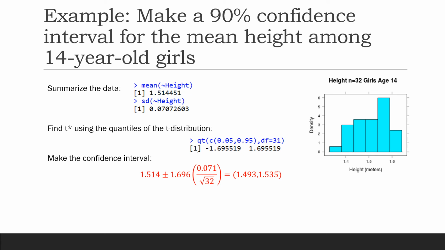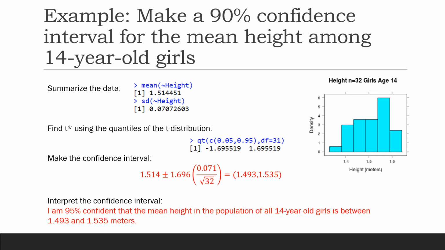And this gives us a confidence interval that goes from 1.493 to 1.535 meters. And finally, I will interpret my confidence interval. I'm 90% confident that the mean height in the population of all 14-year-old girls is between 1.493 and 1.535 meters.